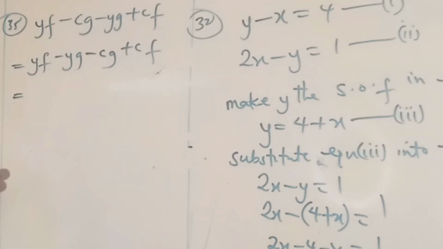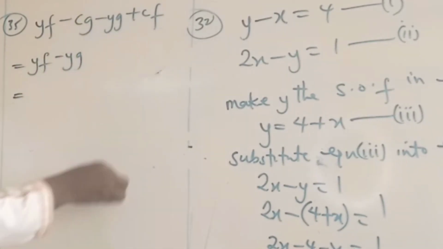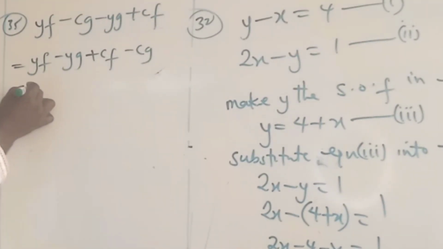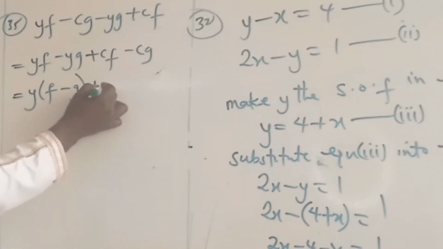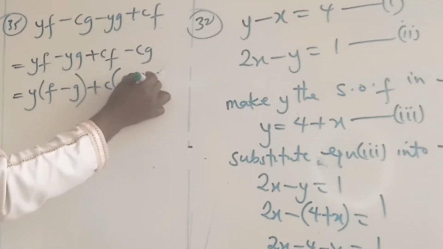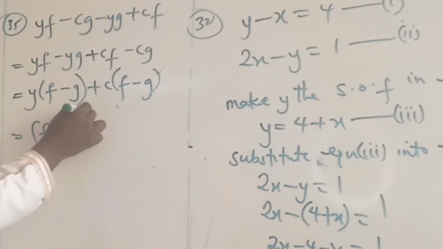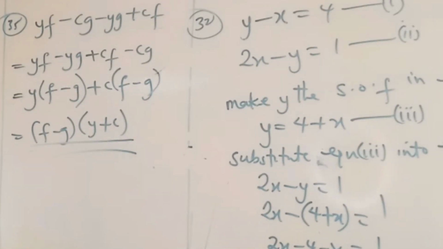So this will be here now, so it will be plus cf minus cg. So y is common, f minus g. Then plus c is common into brackets, f minus g. So we combine this, we have f minus g into bracket y plus c. Whichever one will be correct.